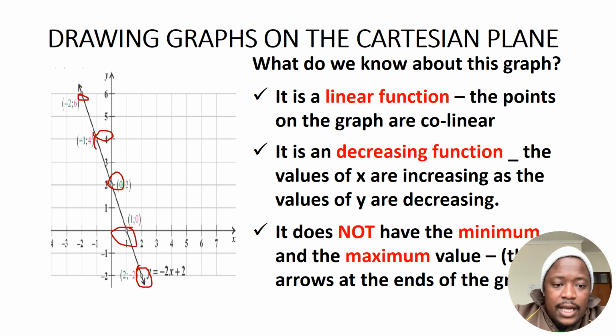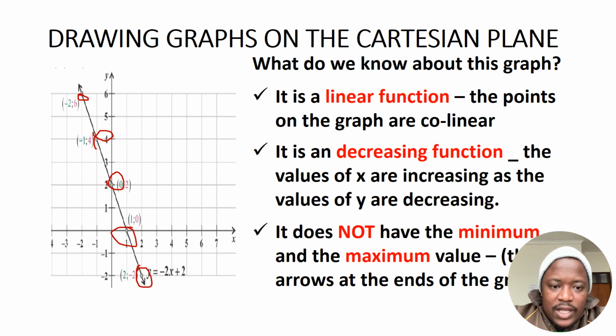If you notice, as we read from the left to the right, our graph is decreasing. Or we can look at the values of x. Now we are saying as the values of x are increasing, the values of y are decreasing. In the first one, negative 2 maps to positive 6.